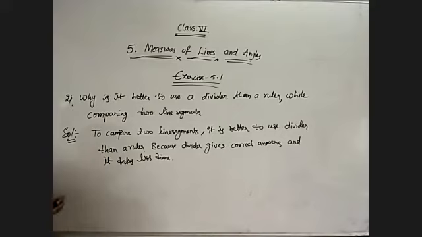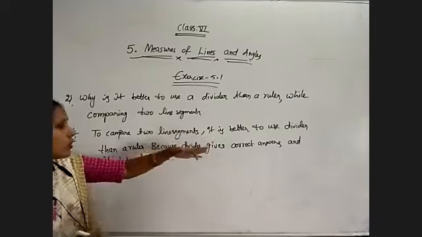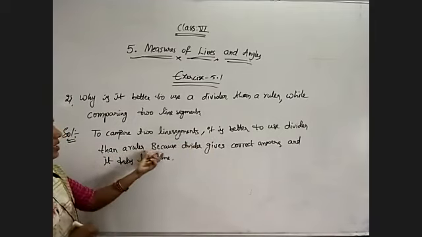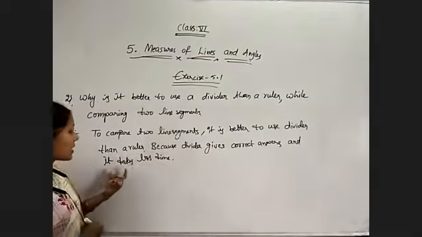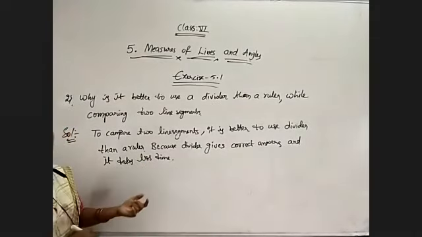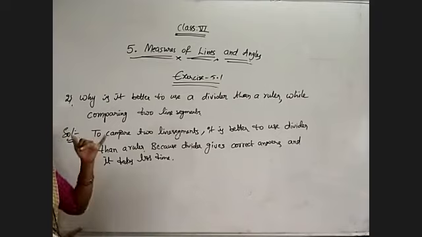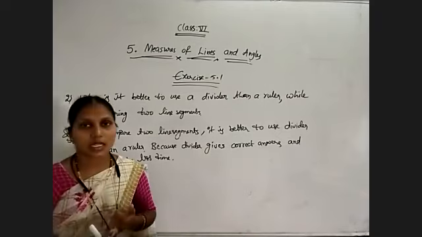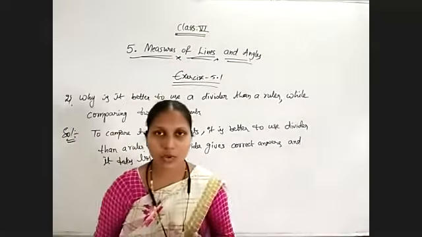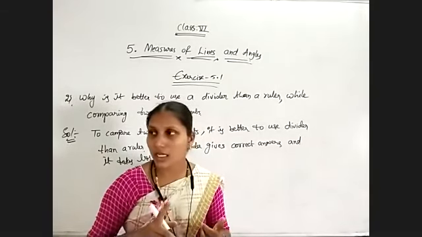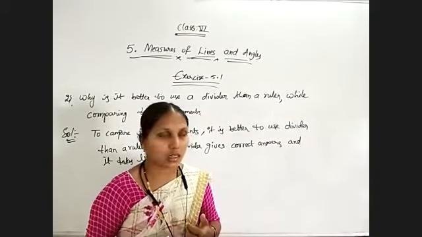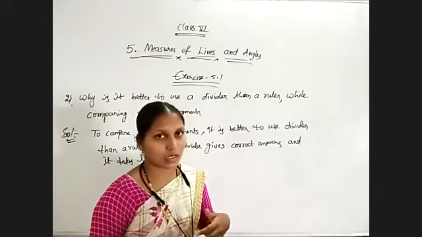Okay. So once again observe, to compare two line segments, it is better to use a divider than a ruler because the divider gives correct answers and it takes less time to compare. Okay. So why it is better, they are asking? Because the divider takes less time to compute the result as well as it is the easiest way.